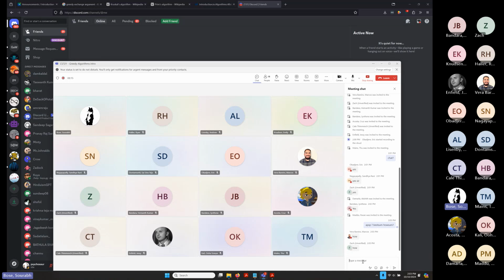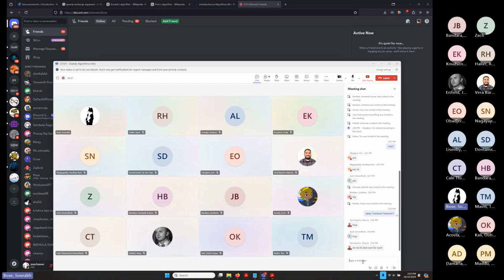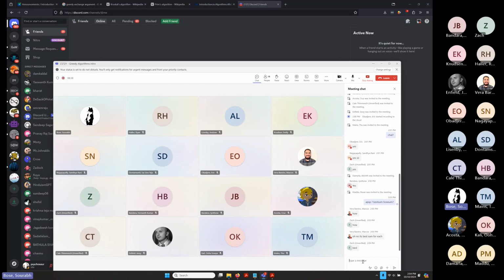Are we answering that starting from a vertex, how many ways are there to reach all other vertices? Or are we saying that from a vertex, for any other vertex, find me the best sum for each thing, right? Zach, what do you think? We are asking for the best way to reach the particular vertices for all other vertices.